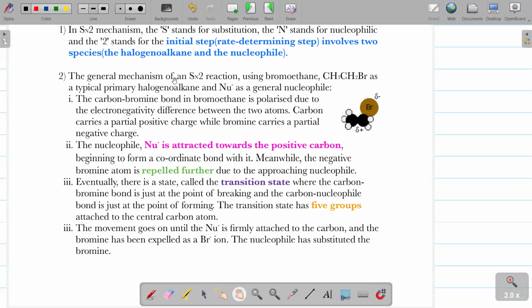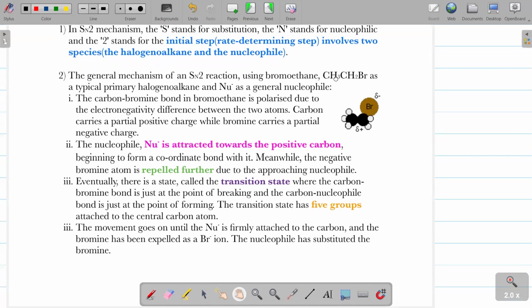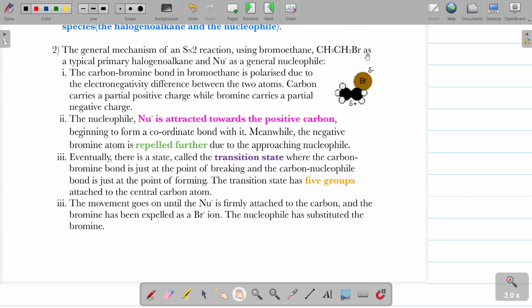So the general mechanism of SN2, they are using ethyl bromide. I used methyl bromide, or you can say bromomethane or bromoethane. Here it's a bromoethane. I used chloromethane as an example. So any primary halogenoalkane can be used as an example.